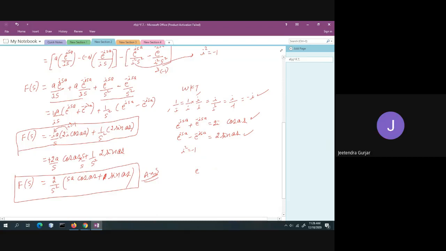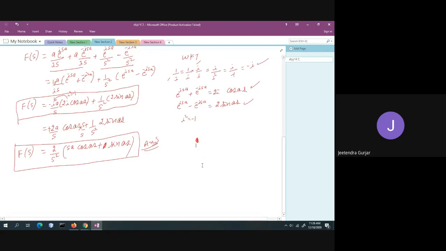Okay, see here. I will rewrite. That will be a little bit better. So this part I will write this side. See, f of s I have taken here. This is equal to i into i, which will become i square. 2a is there, so I will take 2a upon s, and this is cos as as it is.